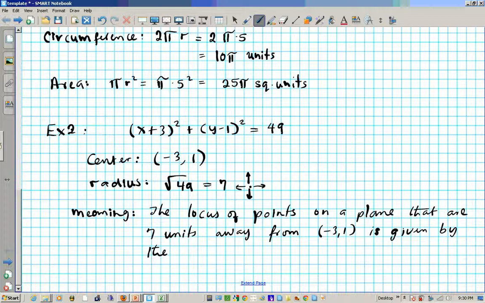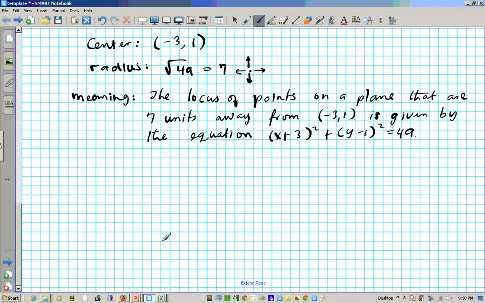Basically, the original equation is given by the equation (x + 3)^2 + (y - 1)^2 = 49. Okay, so this is basically the meaning of what we just derived.